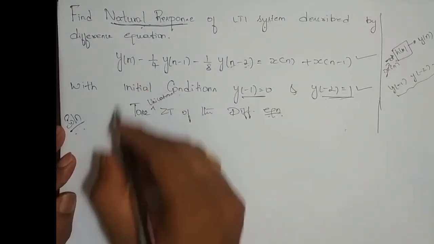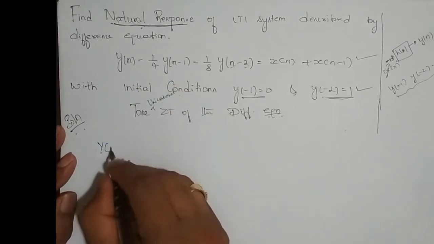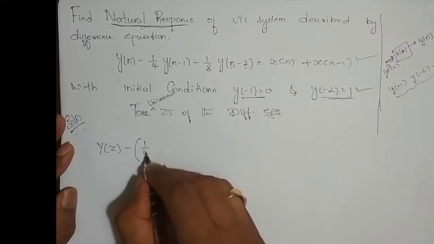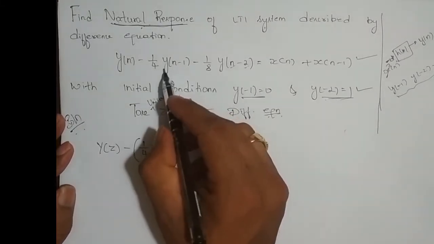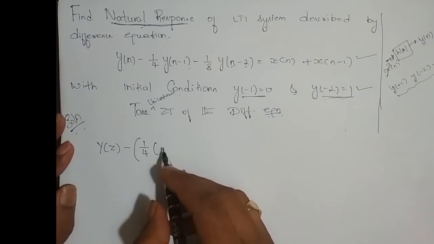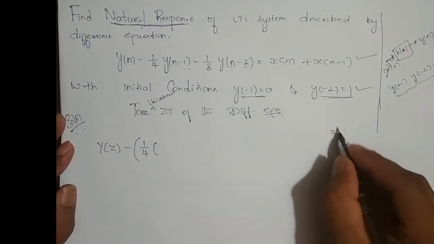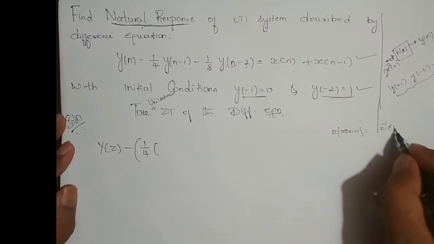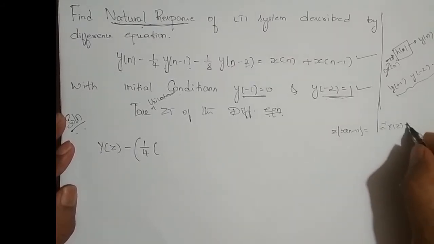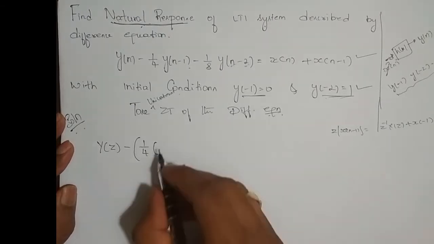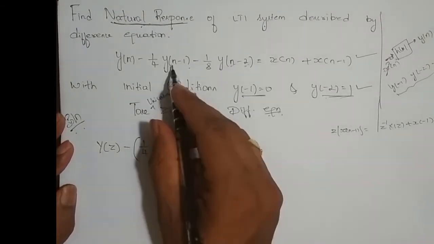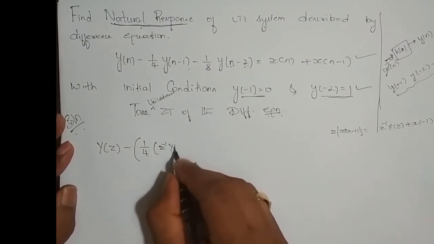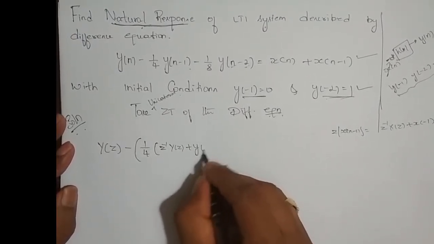So what is the Z transform of y of n? It is y of z, minus 1 by 4 into, the unilateral Z transform of y of n minus 1. The Z transform of x of n minus 1 is z to the power -1 into x of z plus x of -1. Since here we have y, it is z to the power -1 into y of z plus y of -1.